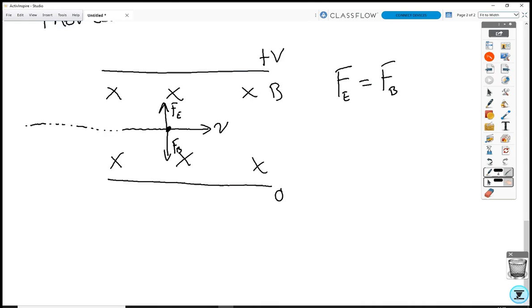And he knows that the electric field strength, E, is equal to V over D. So now he just had to make substitutions. So FE, that's EQ, is equal to FB, which is BQv.